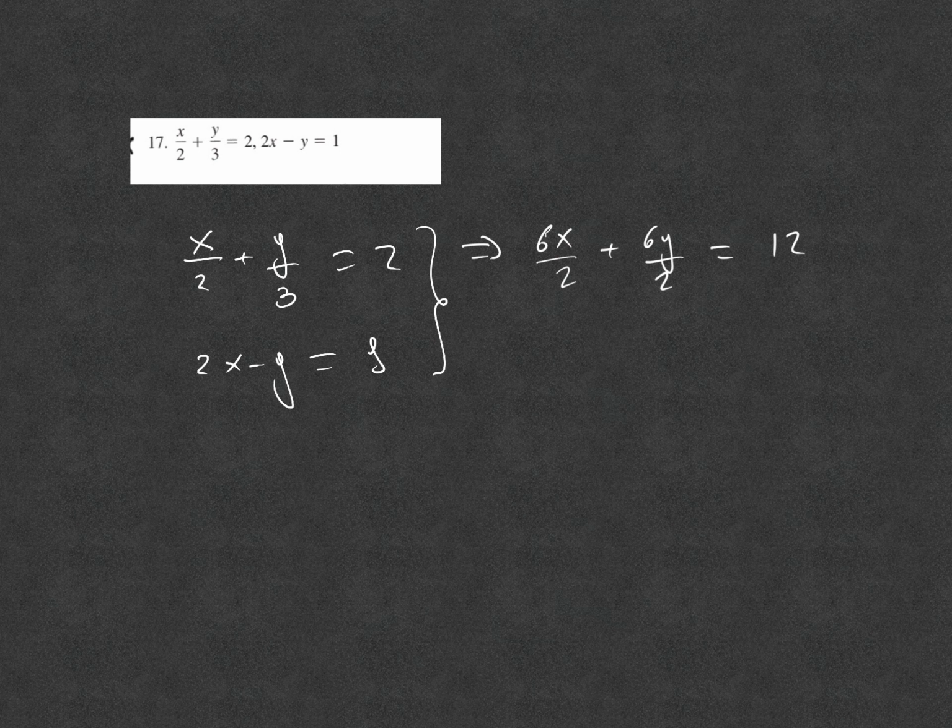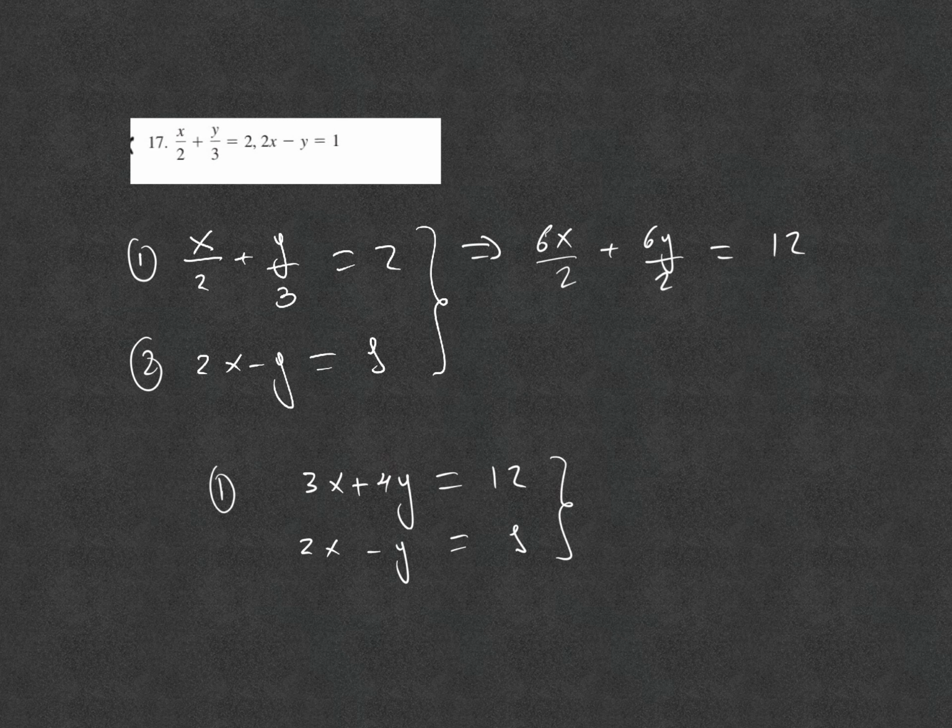Now this first equation becomes 3x plus 4y equals 12. The second equation is 2x minus y equals 1.